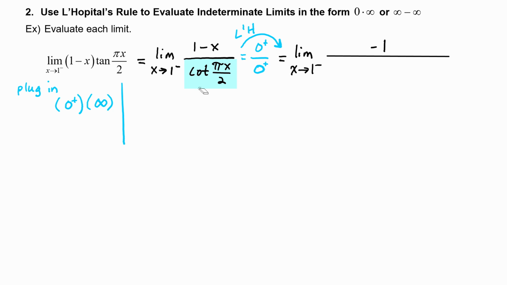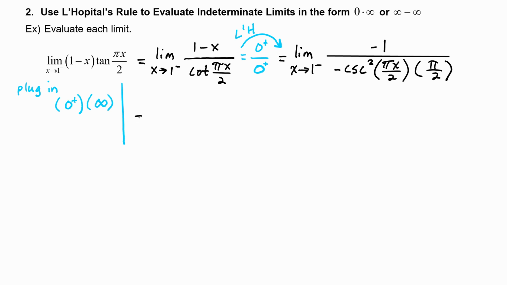Now, the derivative of cotangent of some stuff we know is negative cosecant squared of the stuff, so pi x over 2. Then chain rule says we have to take that times the derivative of what's inside, and we have pi over 2 as a constant multiplying the x, so the derivative is pi over 2.